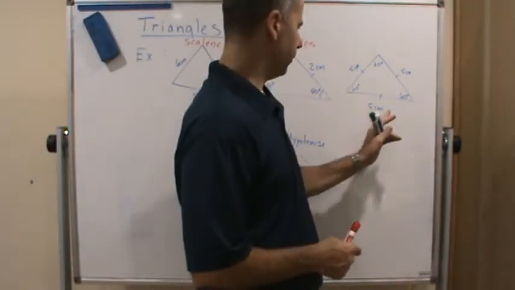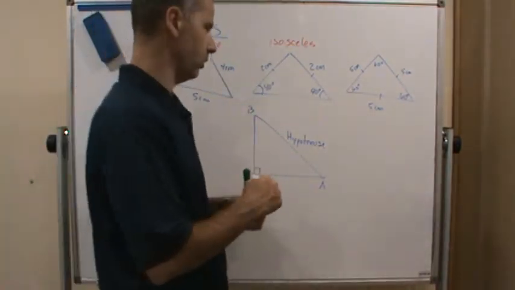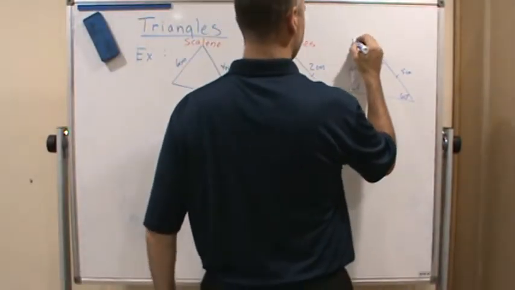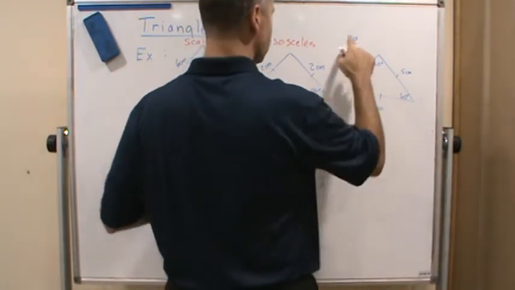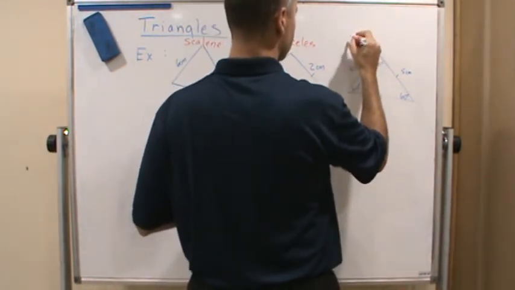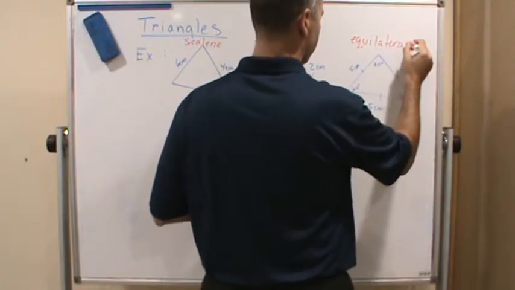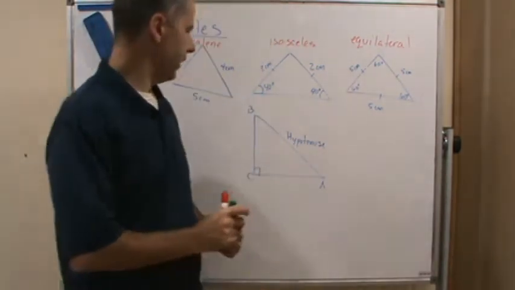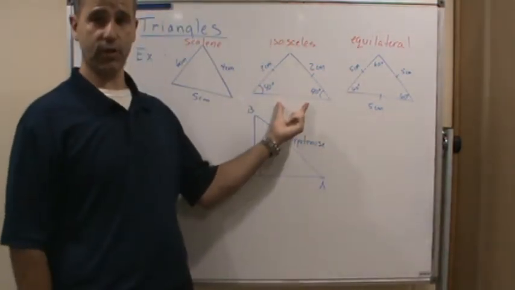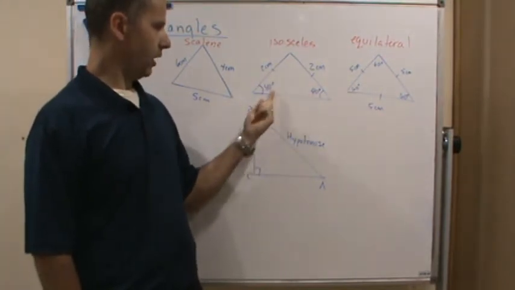Now this one here, you can see that all the sides are the same, so this is an equilateral triangle. So equilateral triangle, and also notice that, and again this makes sense from our just discussion about isosceles, the opposite angles are the same.